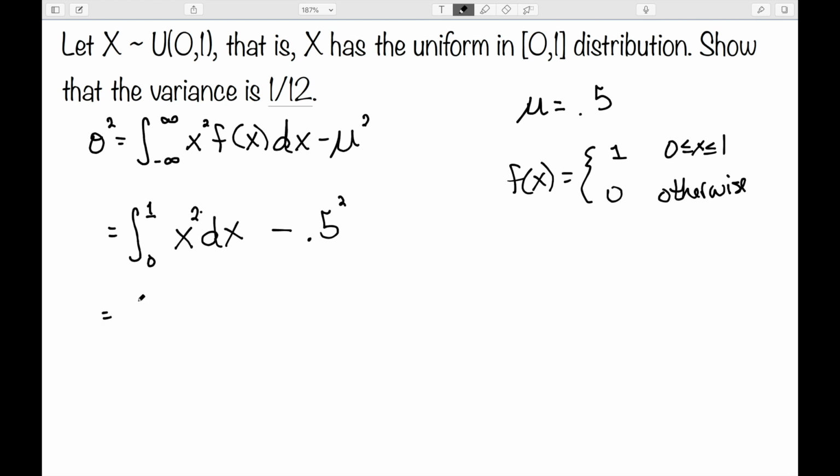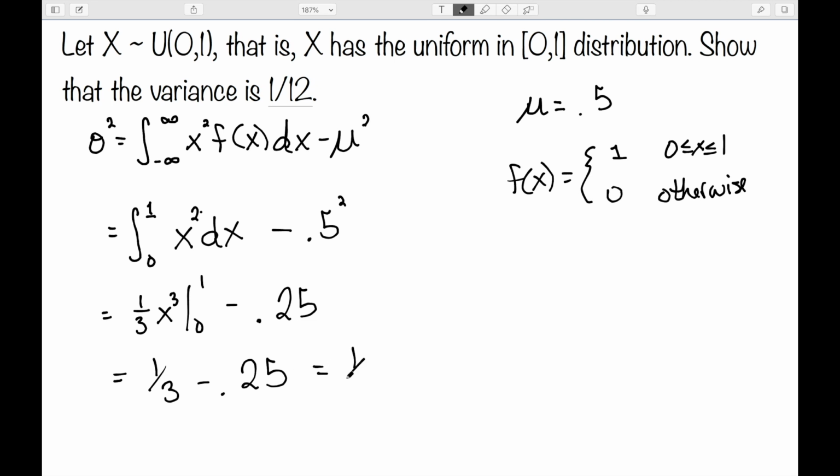The integral of x squared would be 1/3 x cubed, taken between 0 and 1. And then we're going to subtract 0.25. So we end up with 1/3 minus 1/4, which turns out to be 1 over 12.